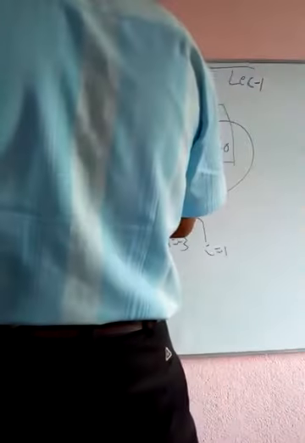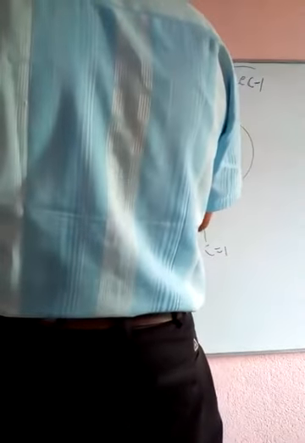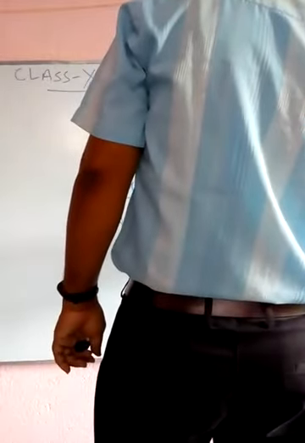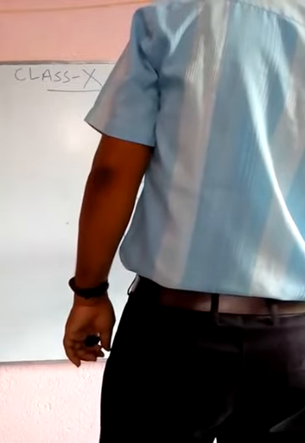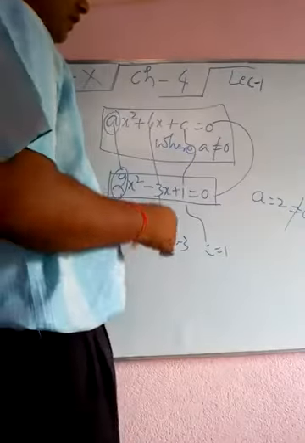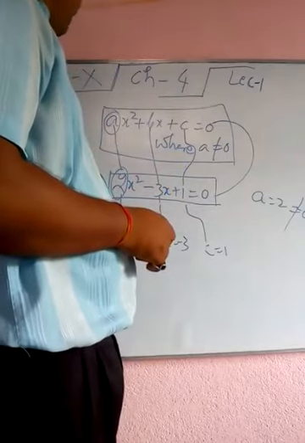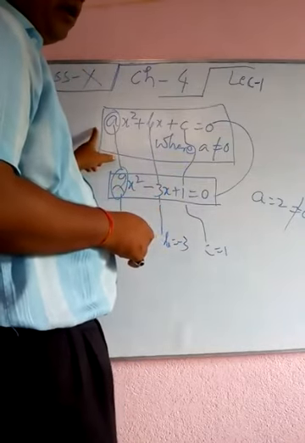So this equation is a quadratic equation, and here a is equal to 2, which is not equal to 0. So this is the quadratic equation in standard form.